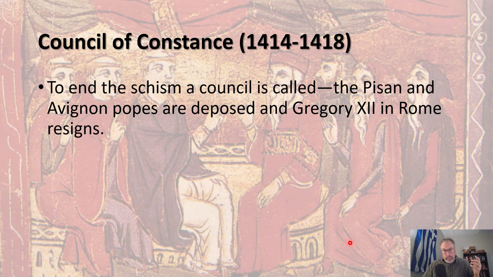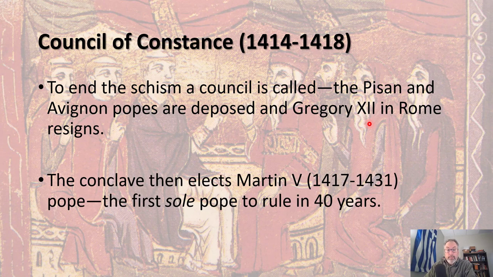So finally, the church gets its stuff together enough to recognize we've got to solve this problem. A major council is called. The Pope in Pisa and the Pope in Avignon are deposed, with the agreement that Gregory XII, who was the Pope in Rome by this point, is going to resign. So we're going to start with a clean slate.